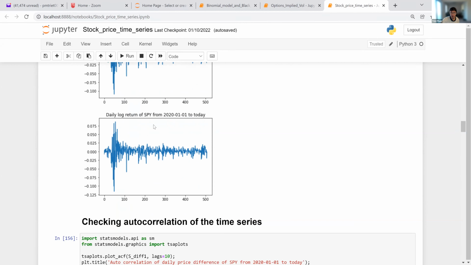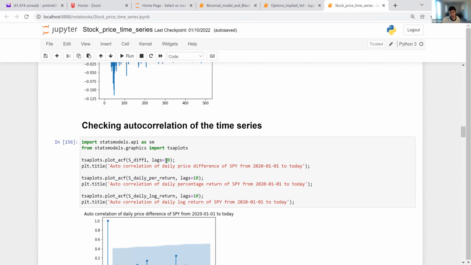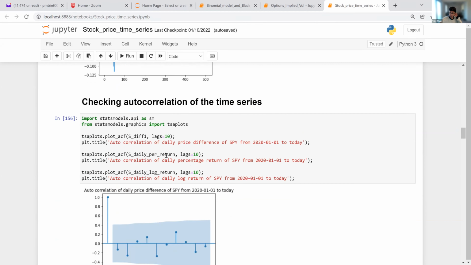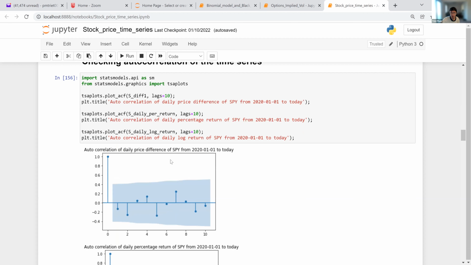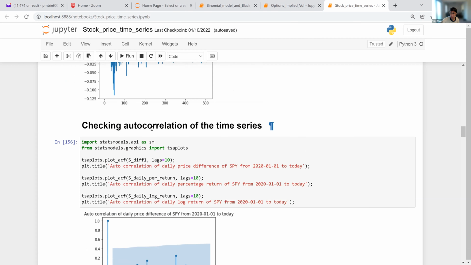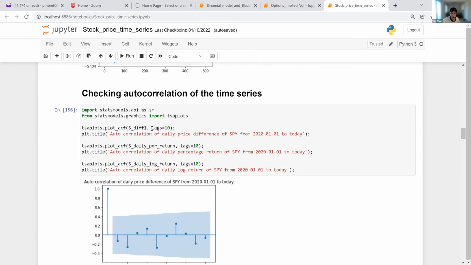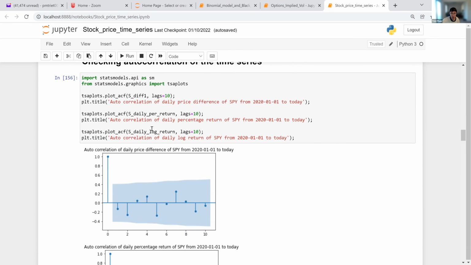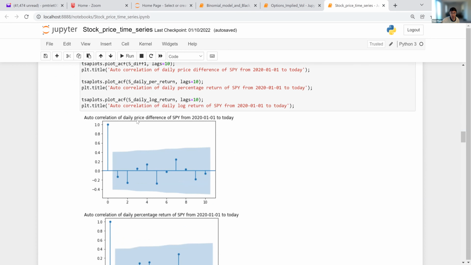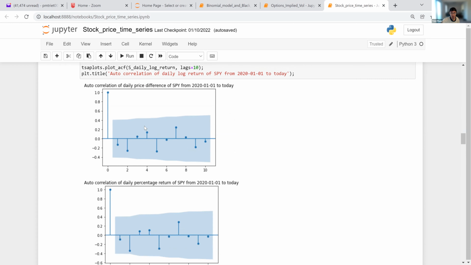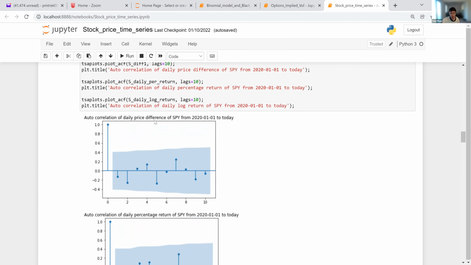And then one thing, remember I keep talking about the IID independence. One fun tool you can use is to look at the autocorrelation. This is the correlation of, oh sorry, I don't do the stock price.